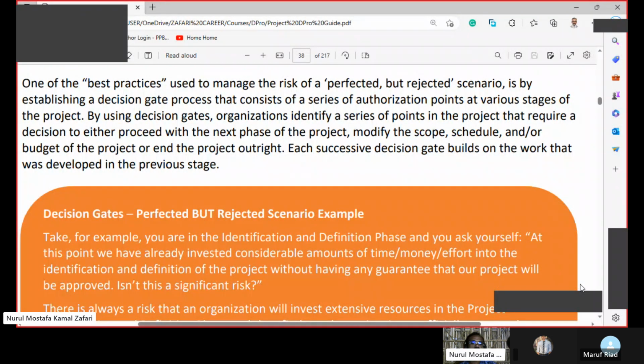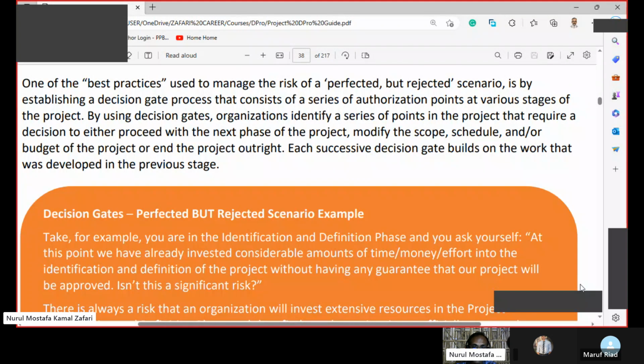One of the best practices used to manage the risk of a perfected but rejected scenario is establishing a decision gate process that consists of a series of authorization points at various stages of the project.